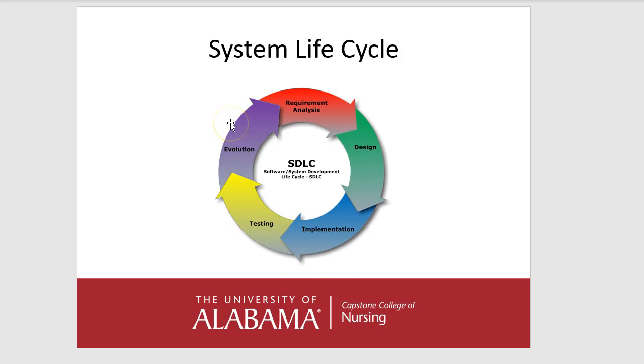Now, this is just one image that illustrates this cycle and the connections that exist between these phases. Keep in mind that within each of these phases, there are processes and phases that occur as well. So there's lots of stuff going on and lots of people involved in all of this. You may see this illustrated in a different way, but typically these phases are very similar in nature when they're being described among those in information systems.